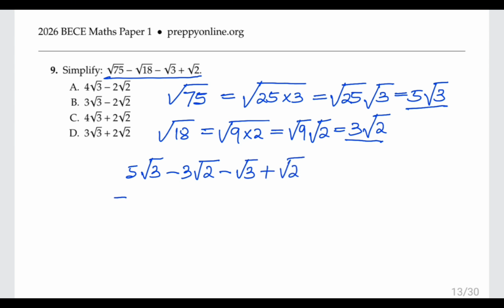And then the simplification, we can think of it as grouping like terms, this and that. So 5 root 3 minus root 3, that gives you 4 root 3. And then minus 3 root 2 plus root 2 gives us minus 2 root 2. So this is our simplified expression, 4 root 3 minus 2 root 2. So the answer is A.